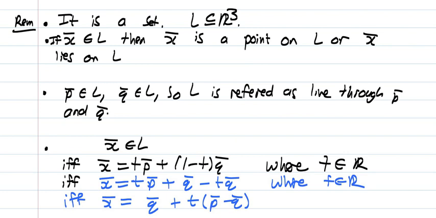So this is known as the vector equation of line L. It's a vector equation because on the left hand side is a vector and the right hand side is a vector, and you have a parameter, and the parameter T is a real number.